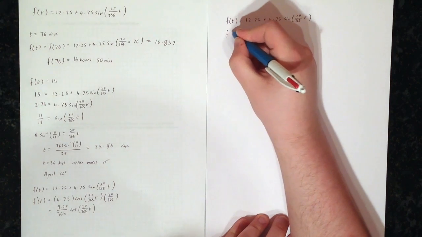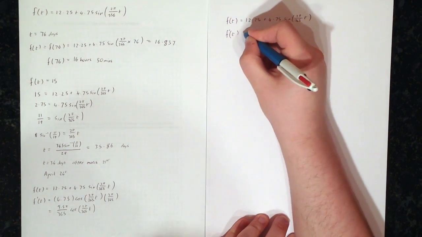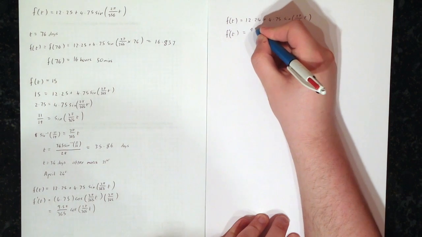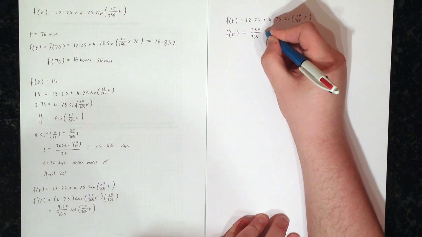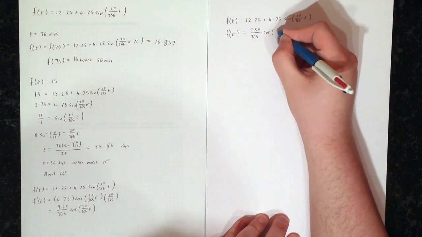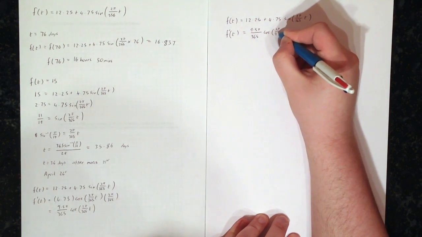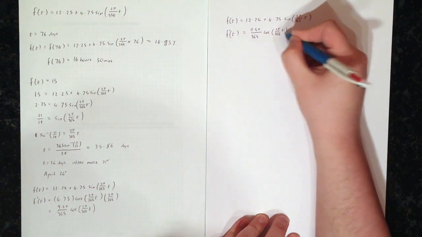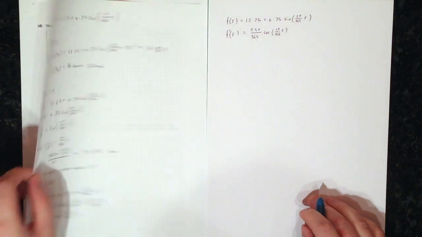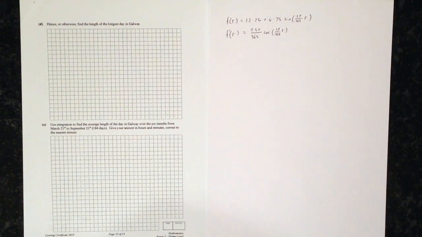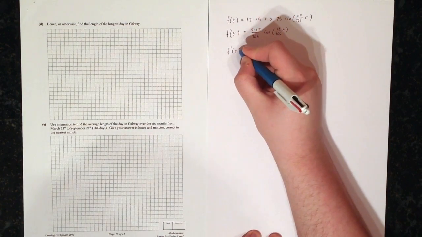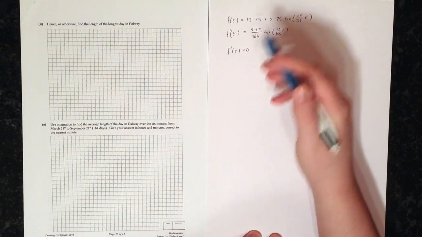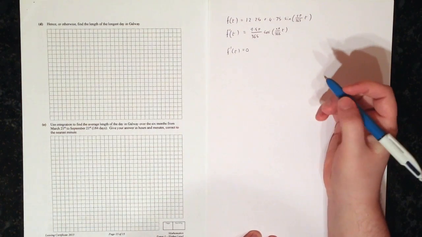And we recently just calculated that f dash of t is equal to 9.5 pi over 365 times cos of 2 pi over 365 times t. So we know both the function and the derivative. So we want to see what is the largest value of f of t, and to calculate that, we can set f dash of t equal to 0, because this will show us any local maxima or minima.